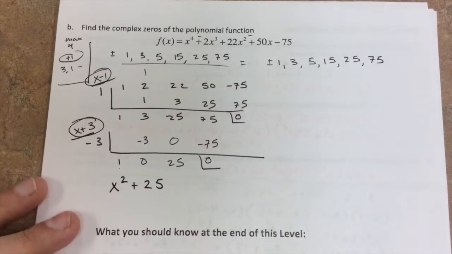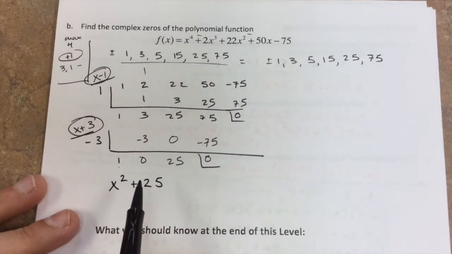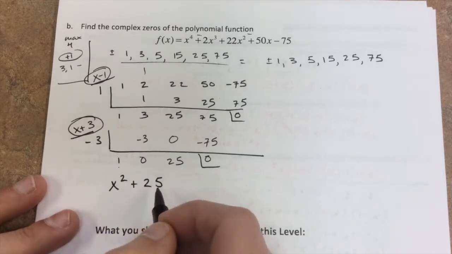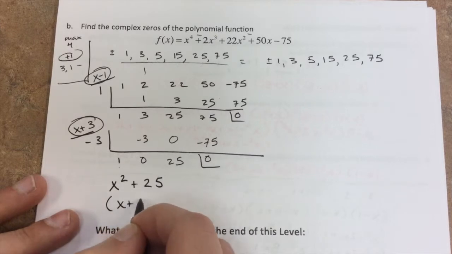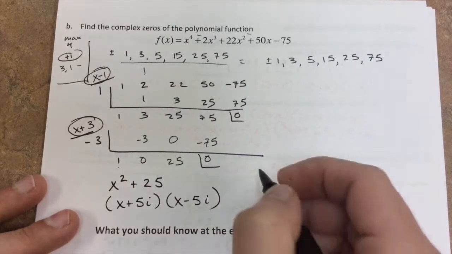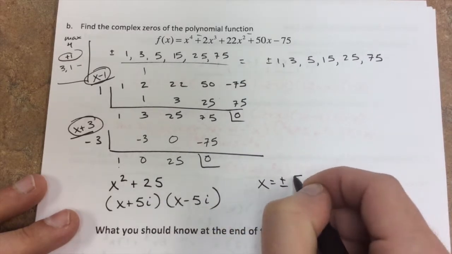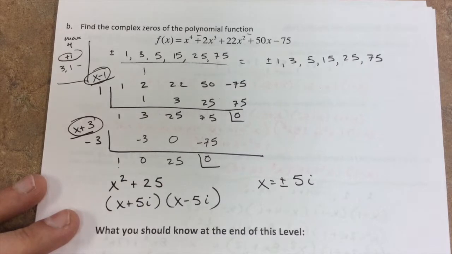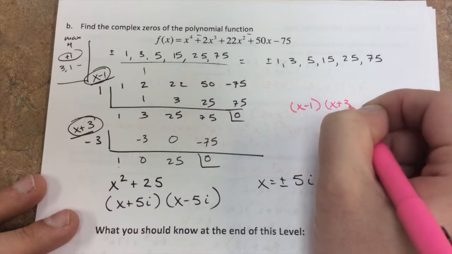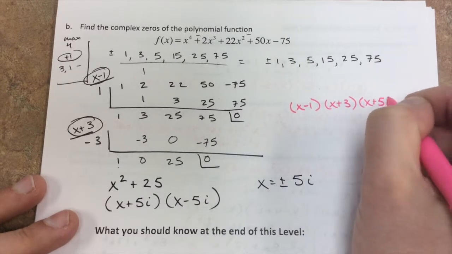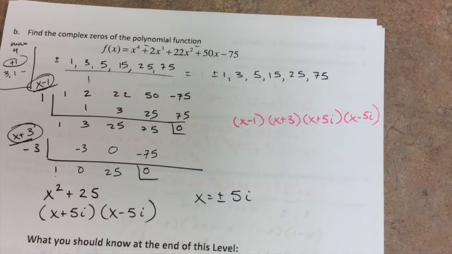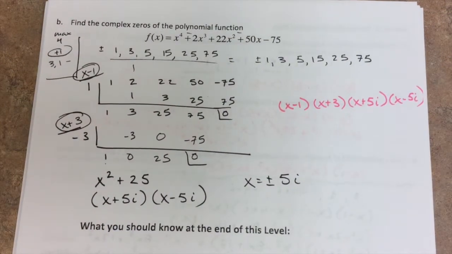Now, if we're starting to see the pattern, this is not the difference of 2 squares, but the sum of 2 squares. And the way we factor the sum of 2 squares would be x plus 5i, x minus 5i. So then my 2 zeros are x equals plus or minus 5i. So this fully factored, and I'll write it in pink, is x minus 1, x plus 3, x plus 5i, x minus 5i. And that is finding the complex zeros.